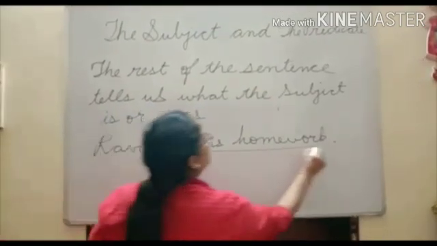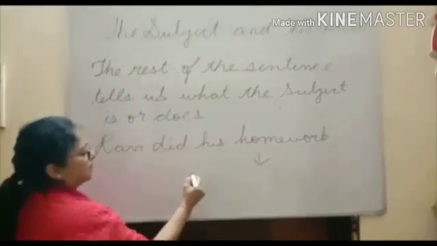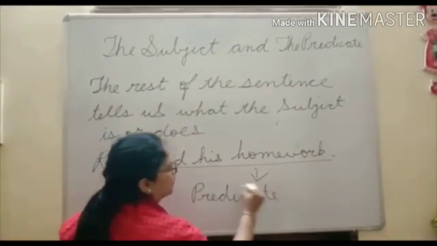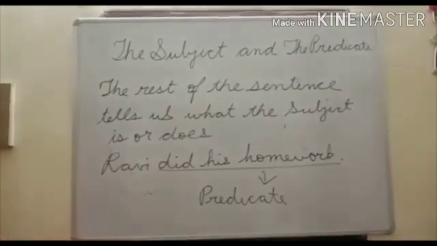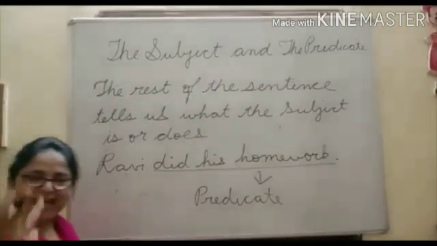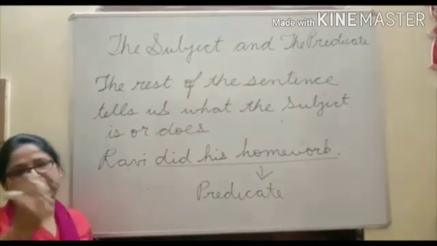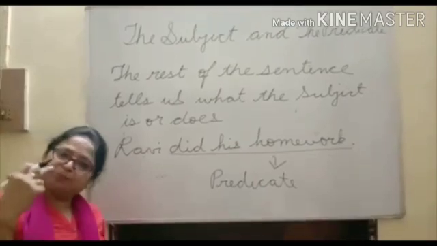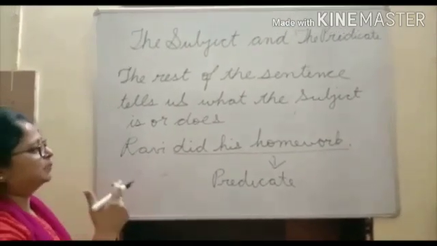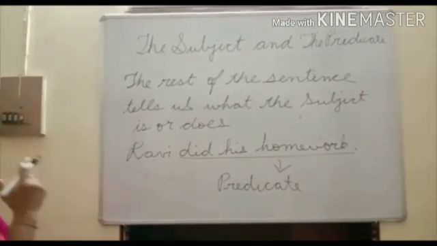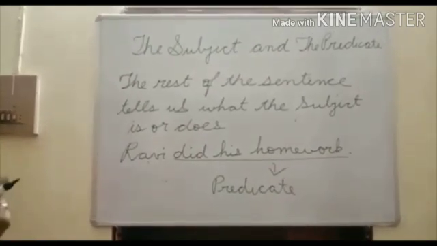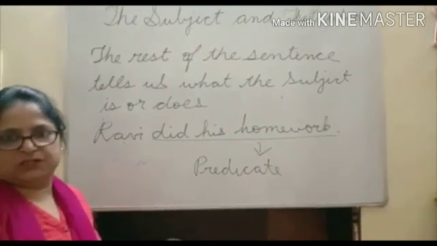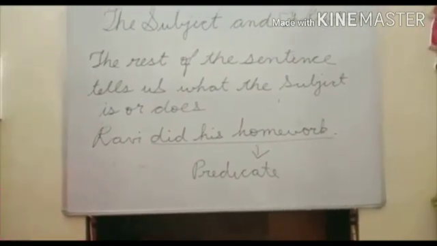So, did his homework is predicate. Is it clear? So, a sentence has two parts, the subject and the predicate. The person or thing that performs the action is called a subject, and the rest of the sentence, what the subject is or does, is the predicate. Simple. These two things you have to keep in mind.